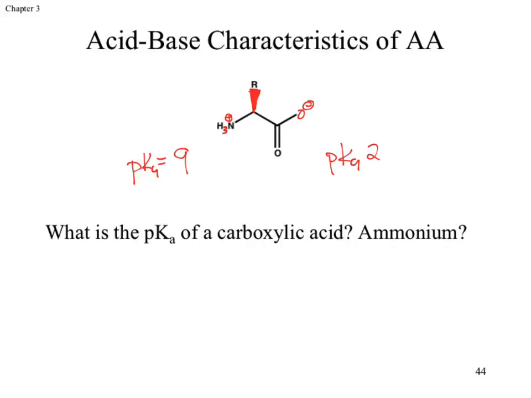The pKa is 2, the pH is 7-ish. That means the conditions I'm in are more basic than my functional group. If they are more basic, should I have put the hydrogen on or take the hydrogen off? I'm in a more basic environment.